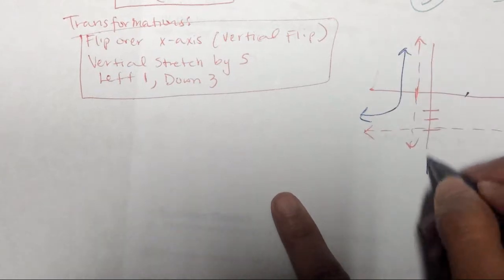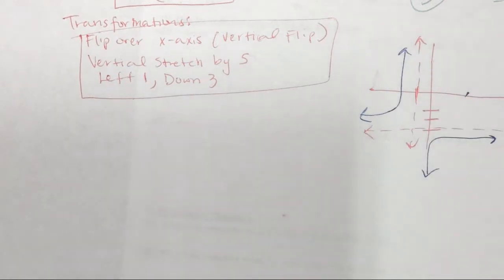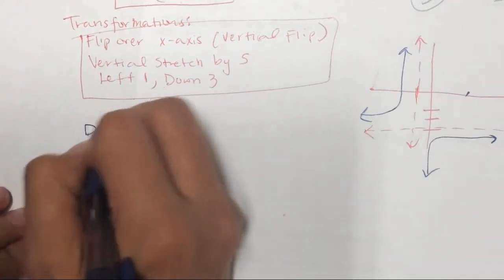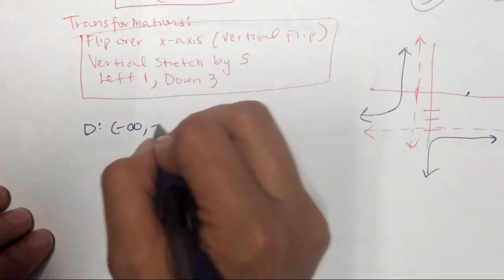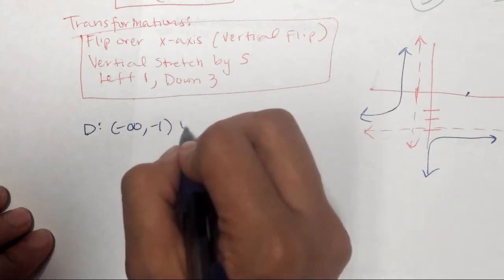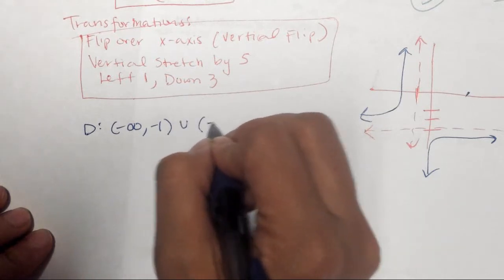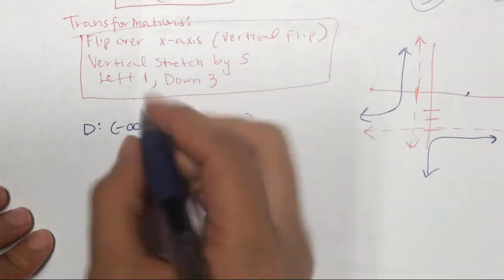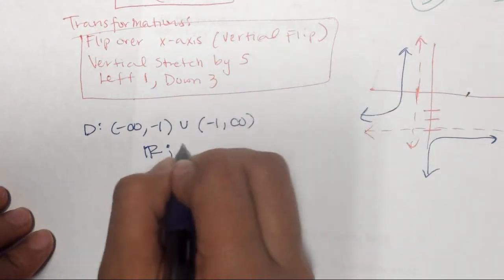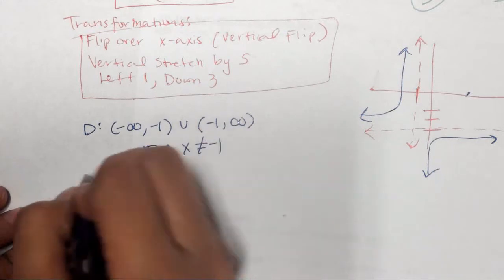second and fourth. So my domain is going to be negative infinity to negative 1, union, negative 1 to infinity. If you want to do set builder notation, it is all real numbers except x cannot be negative 1.